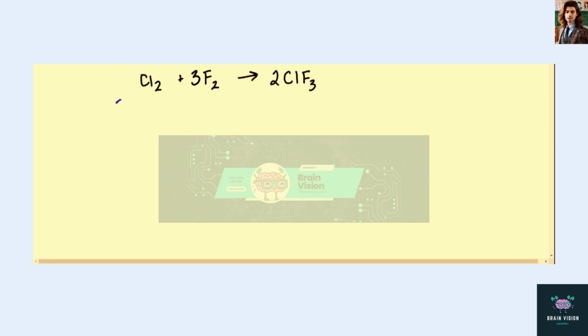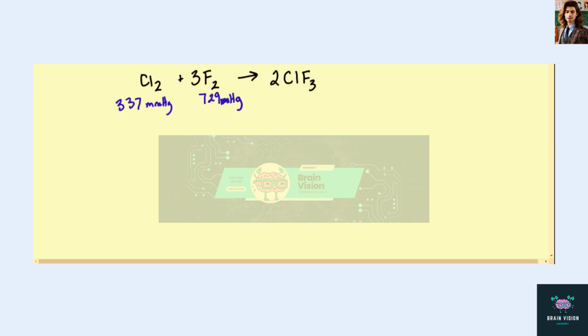Now, information that they gave us in this problem are that the chlorine has a partial pressure of 337 millimeters of mercury, and the F2 has a partial pressure of 729 millimeters of mercury.